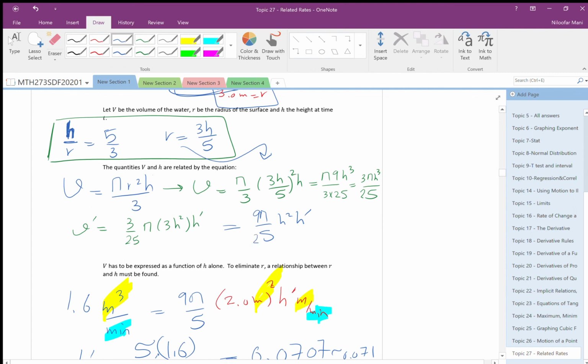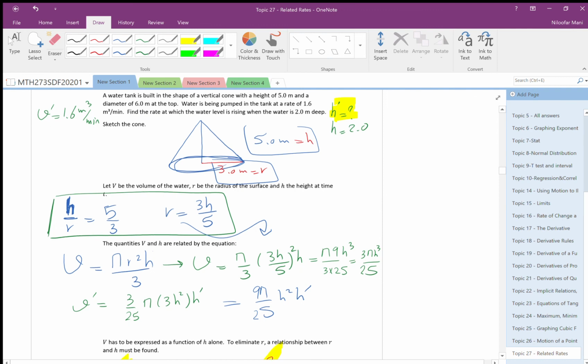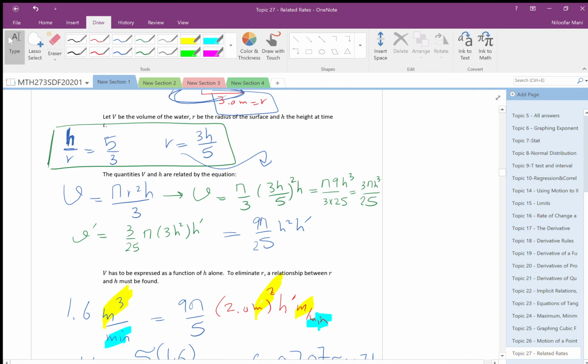So it's 3 h squared, so 3 and 3 you cancel, it's 9 over 25. Just want to make sure everything is all right, so yes, that's r, 3h over 5, which is 9 over 25. Then I do 3 pi over 25, and then 3 over 25 pi, and then 3h squared.